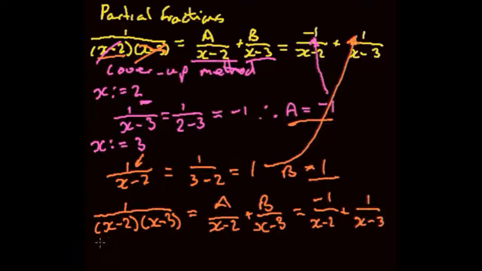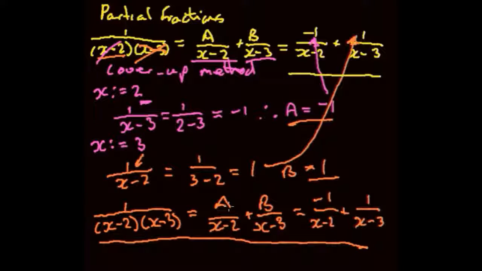And as you can see, that answer is exactly the same as the answer we did in the last video. So that's a very quick way, using the cover up rule, to solve partial fractions, which, as I said before, is something we're going to use when we get to Laplace later on in the course.